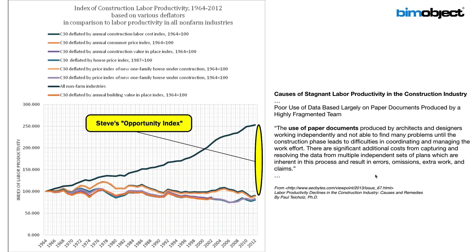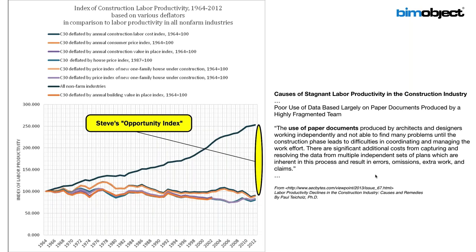Most all other industries had gained over 250% labor productivity over the original base of 1964. So in that time period, construction lost nearly 10% productivity. That 260% delta is what I call our opportunity index.